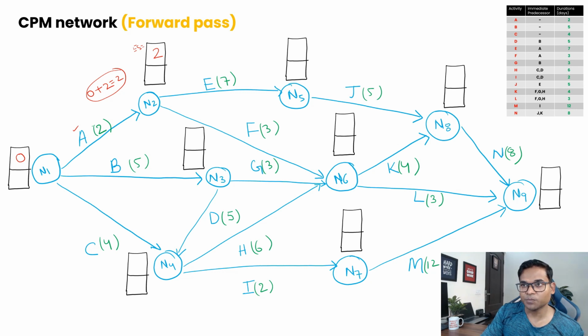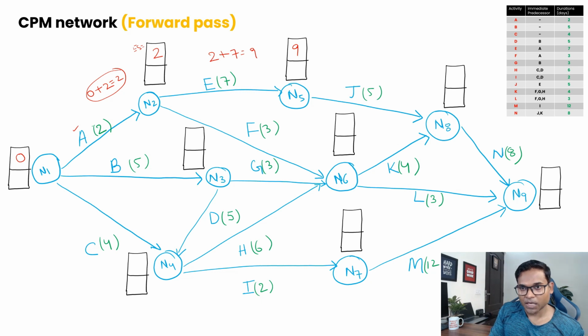Now if we move to the next path, let's say for E, from node 2 to node 5, and you want to complete this activity as early as possible, that will be the 2 we took from n1 to n2, which is required to complete activity A, and then you add the duration of E. So 2 plus 7 is 9. You can complete activity E in 9 days, because remember, to complete E you need to have activity A completed. That's the early start for your activity E.